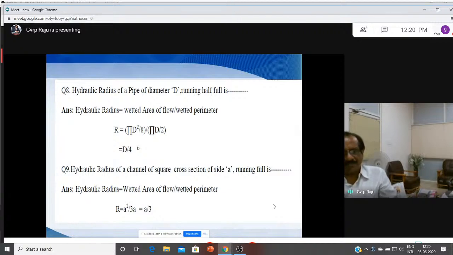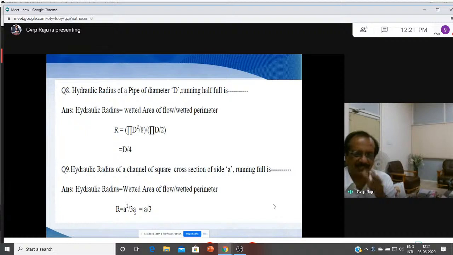The other problem: hydraulic radius of a channel of a square cross section of side A. So this is a channel, it is an open channel type. The cross section is square, running full. No doubt the cross section area is A square. And if you see here, the perimeter is not 4A, it is 3A.